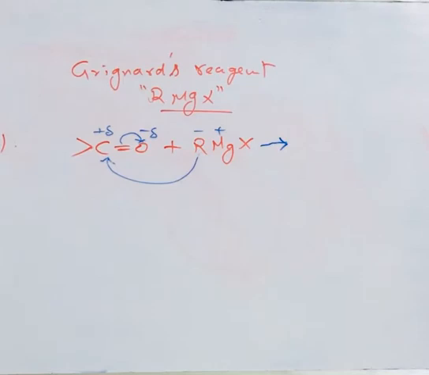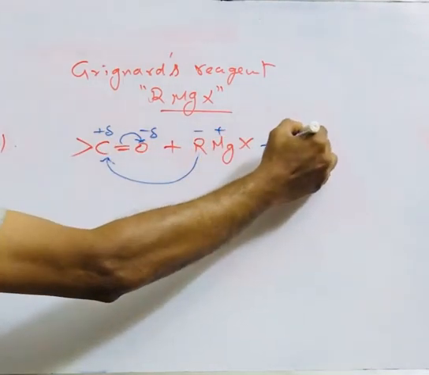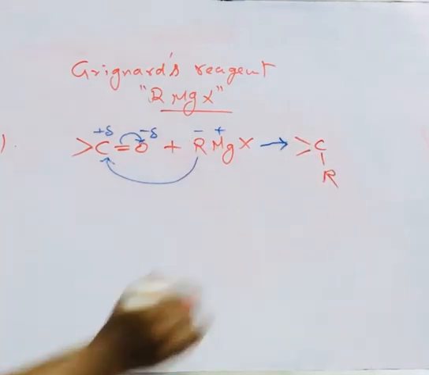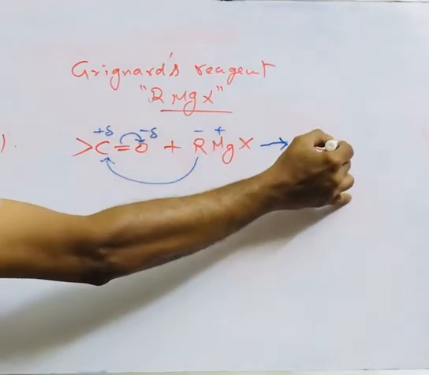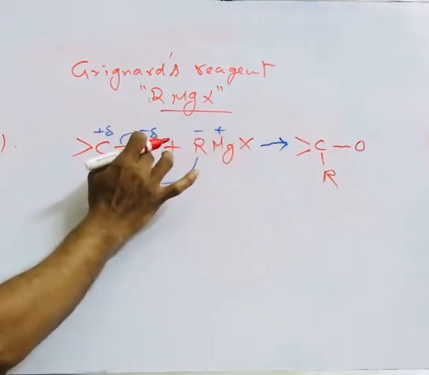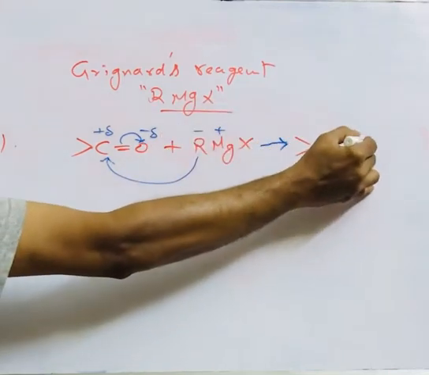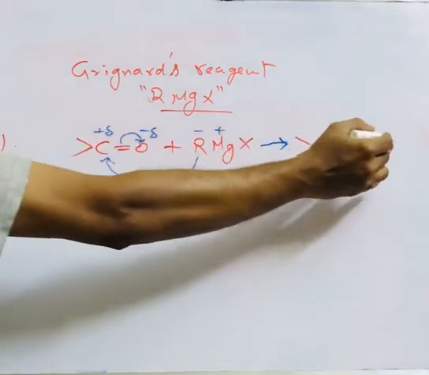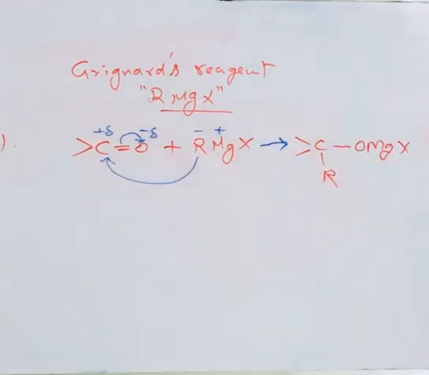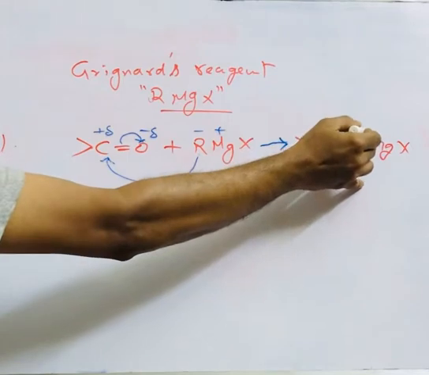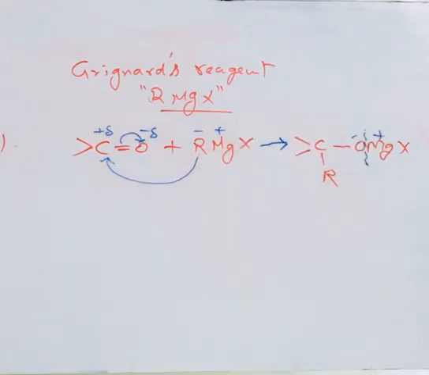C with two bonds and one bond now is the newly added R, then a single bond to O, then O minus with MgX plus, Mg and X. So this is the compound it forms. Here you have the positive charge on MgX. Once again here it can break. This is minus, this is positive.